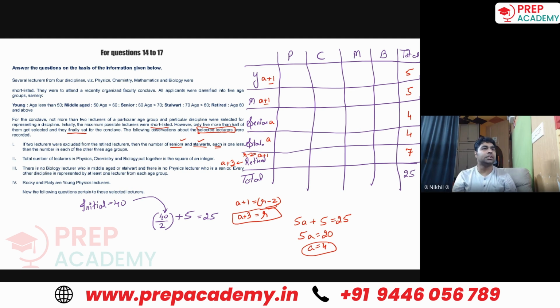The total number of lecturers in physics, chemistry, and bio put together is a square of an integer. So what is it saying? That PCB is a perfect square. Now added with maths is 25, that we already know.